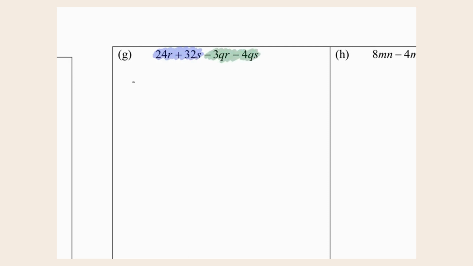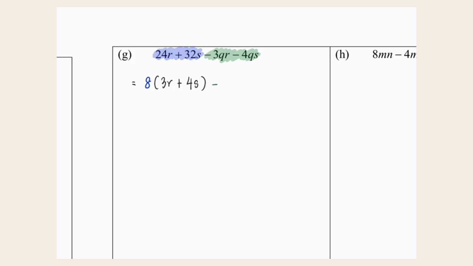So for the first part, I saw that for the highest common factor, notice 24 and 32, I could divide by 2, meaning I could extract out the 2, but that is not the highest common factor. What we are really interested in is extracting out the highest common factor. So in this case, it's 8. And I'm left with 3r and 4s.